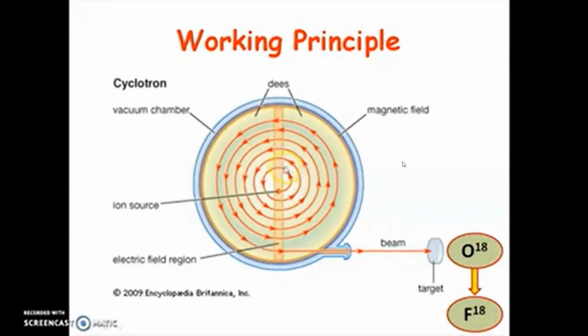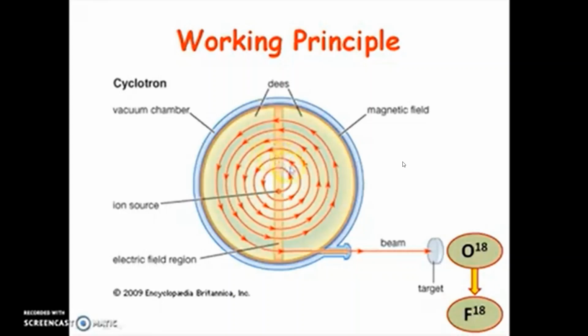When the particle comes up to this point, by that time the alternating current will be switched over, so this will become negative potential and this will become positive. So the positive ion will be attracted towards this, and once again it will make a circular path due to the magnetic field. But make a note, now the diameter will be increased when compared to this one, because every time the ion passes to the next section, it increases the diameter and comes like this.